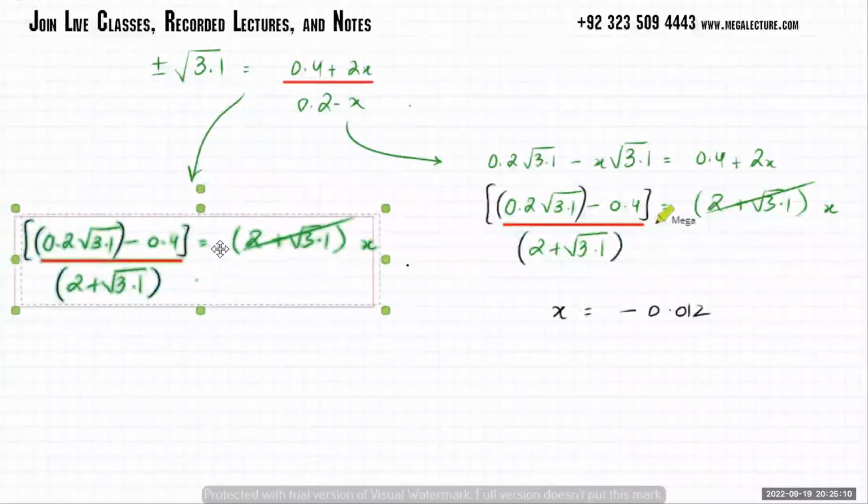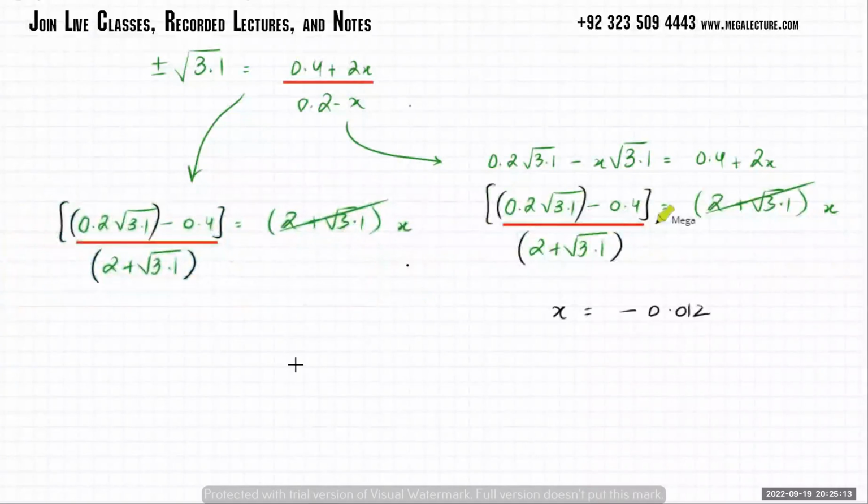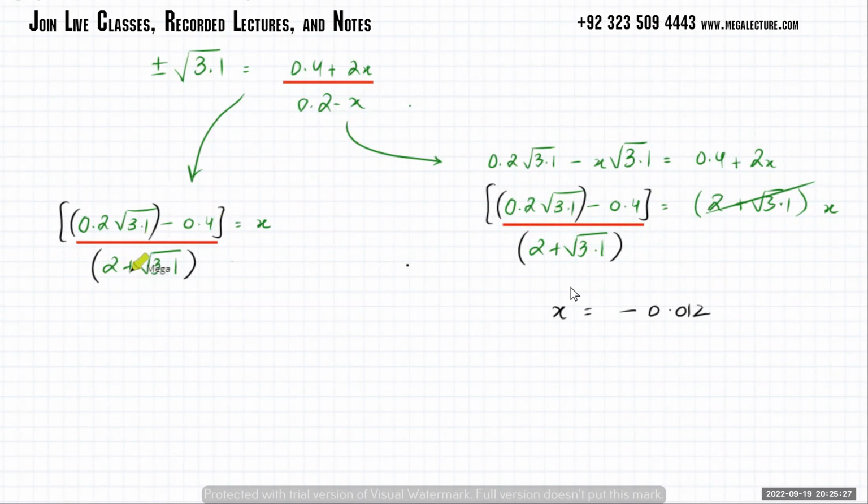So everything remains literally the same. But here I'm just going to put a minus sign. So this would be 2 minus 3.1 under root.